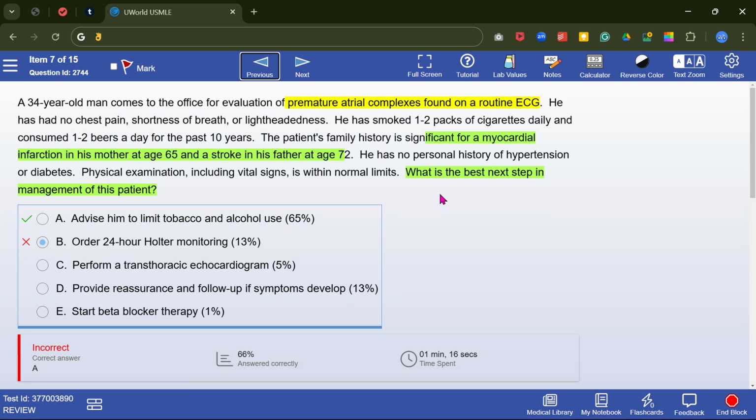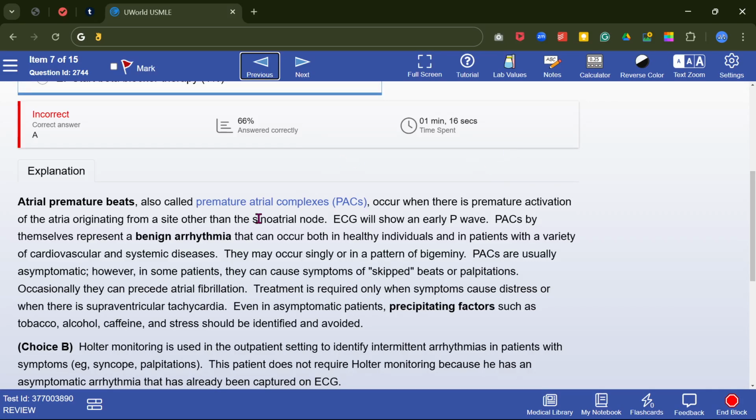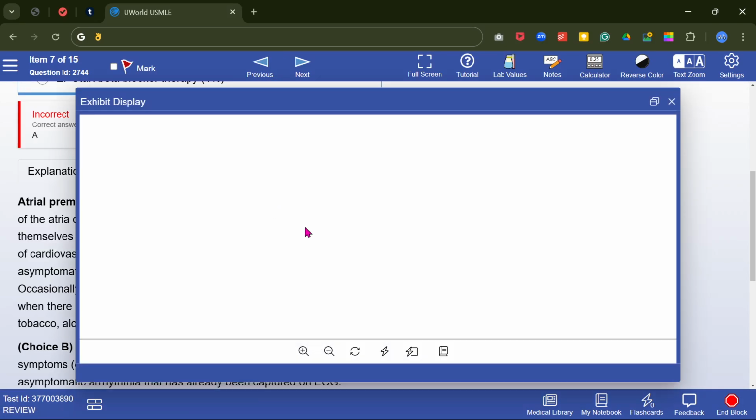Now, premature atrial complexes on ECG. Premature atrial complexes, or atrial premature beats. These are the premature atrial complexes.